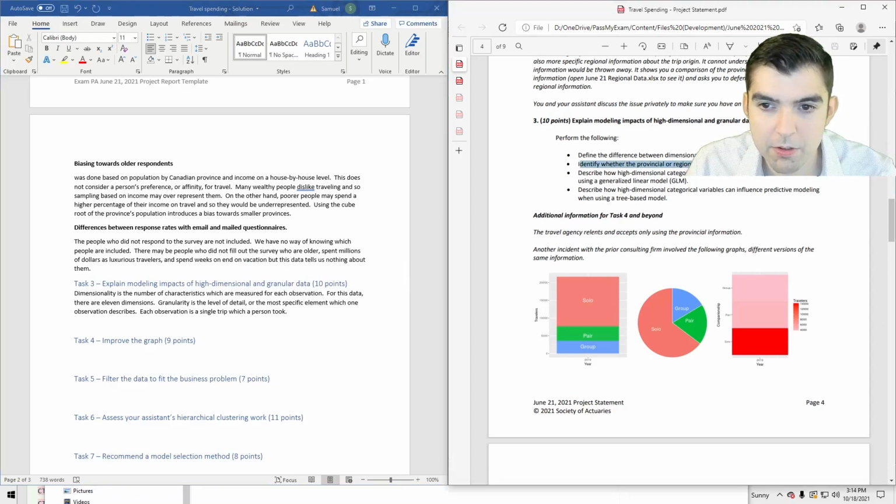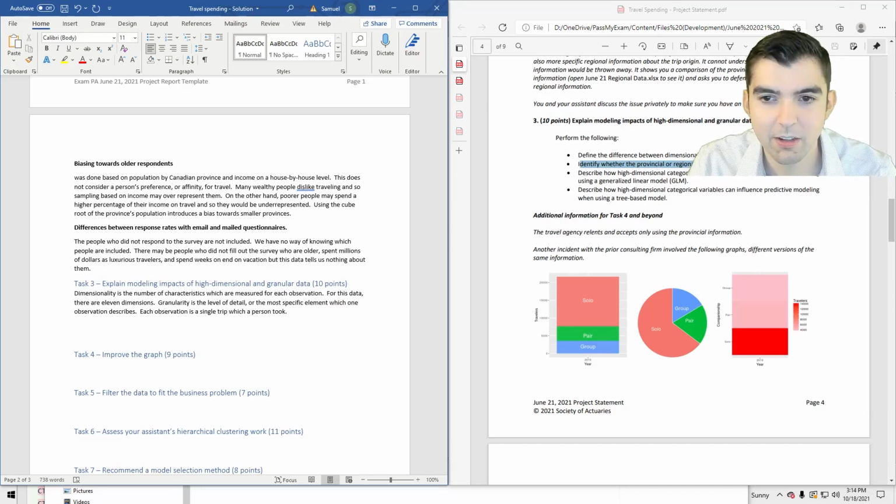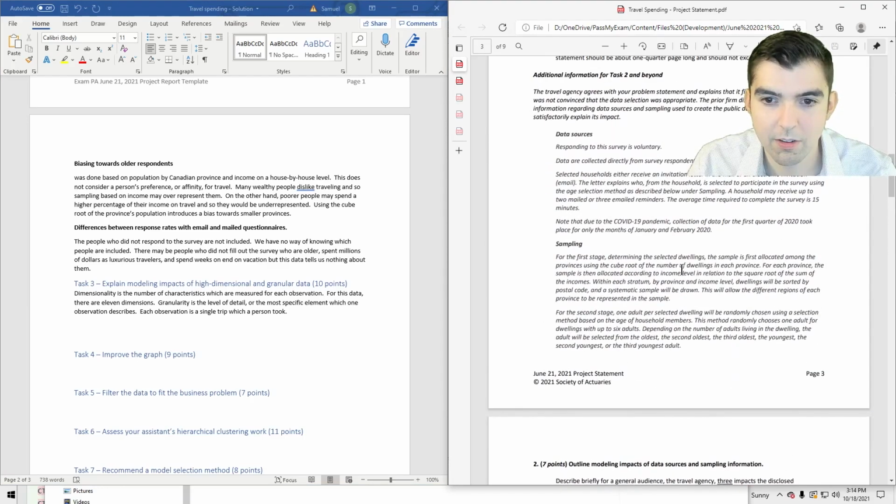Identify whether the provincial or regional information is more granular. Now, this is Canada. In the United States, you have states and then cities. I think that provinces are in a region. Let's see from the data.